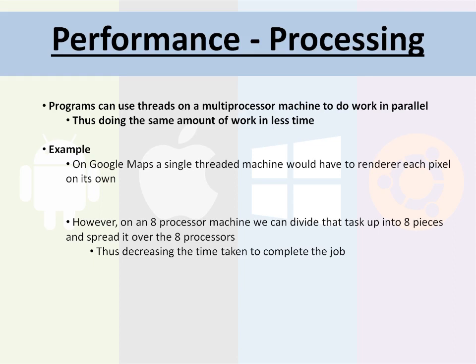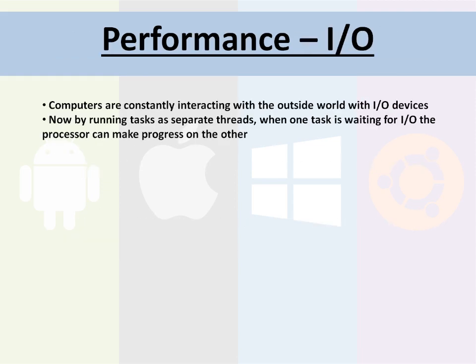So the last bonus, or advantage, that you get with processing in parallel, as well as multi-threaded processing specifically, is an I/O performance increase, or an input-output performance increase. Now, computers obviously are constantly interacting with the outside world with input-output devices, right? We're constantly using the mouse to click on things.